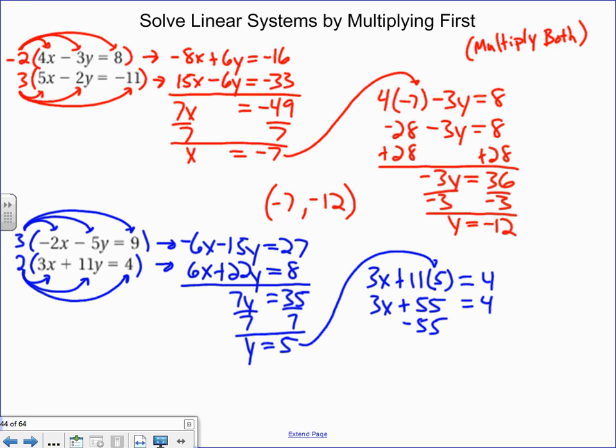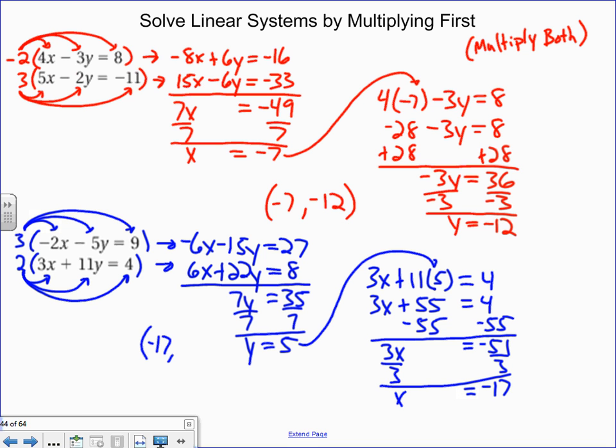Subtract your 55. 3x equals negative 51. Divide by 3. And we get x equals negative 17. So we end up with negative 17, 5 for our solution here.